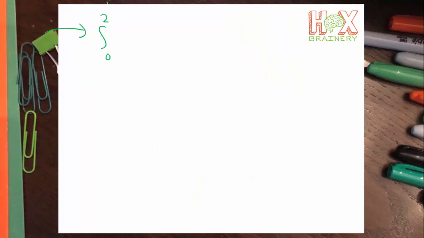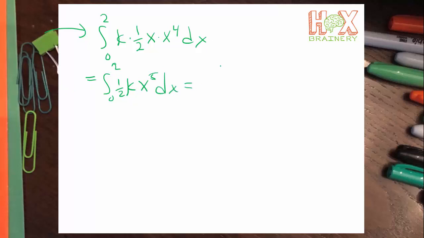So we're still going from 0 to 2. We have a k of 1/2, and an x, and an x squared, which is x to the fourth, right? And a dx. All right, so rewrite this one more time. Okay, so 1/2 k x to the 5th, and then integrate with respect to x.